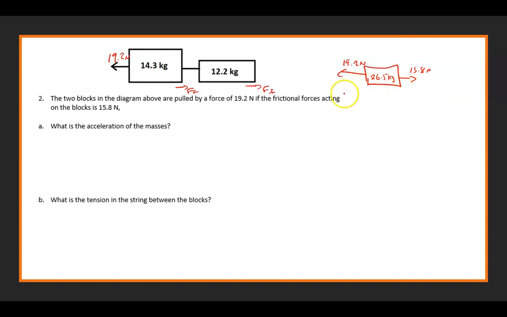But we've got two forces acting on the object, and so the net force comes from taking that positive 19.2 newtons, and we're adding that to negative 15.8 newtons because that is going in the opposite direction, which gets you a net force of 3.4 newtons.